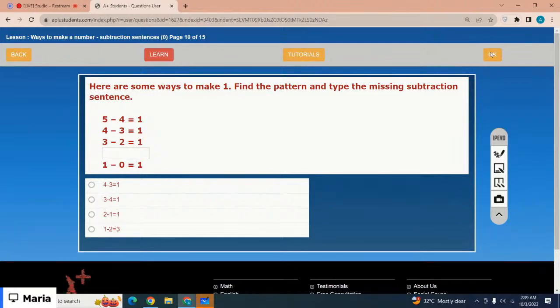Here are some ways to make 1. Find the pattern and type the missing subtraction sentence. So which sentence is missing?